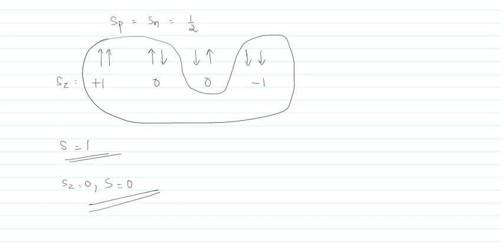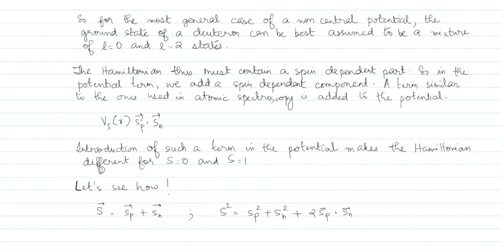But in the case of a deuteron, I am never getting this possibility. I am getting only capital S equal to 1. So this indicates that there is a preference for a particular spin value over the other, even though theoretically both these values are possible. So that is why we say there is a spin dependence for nuclear forces.